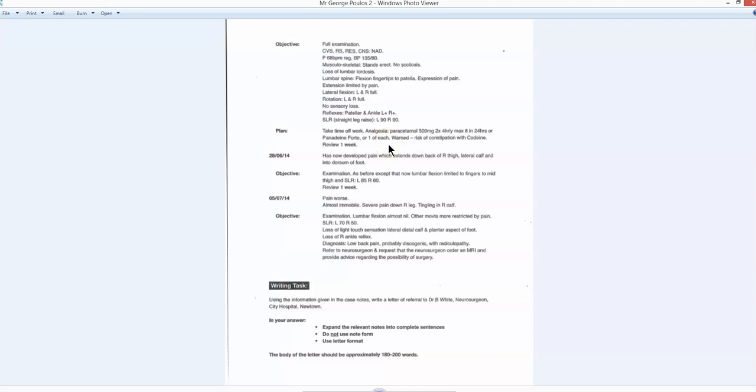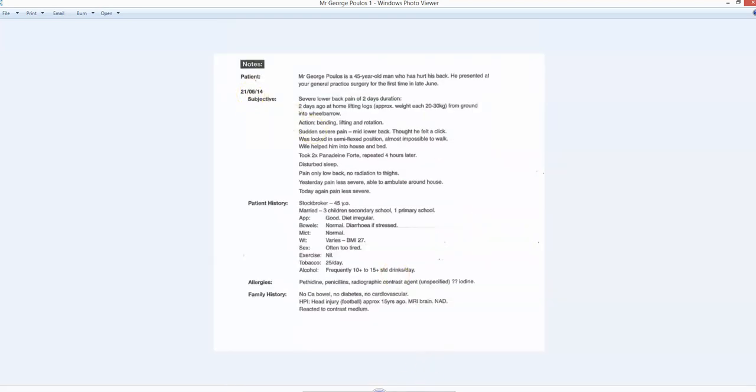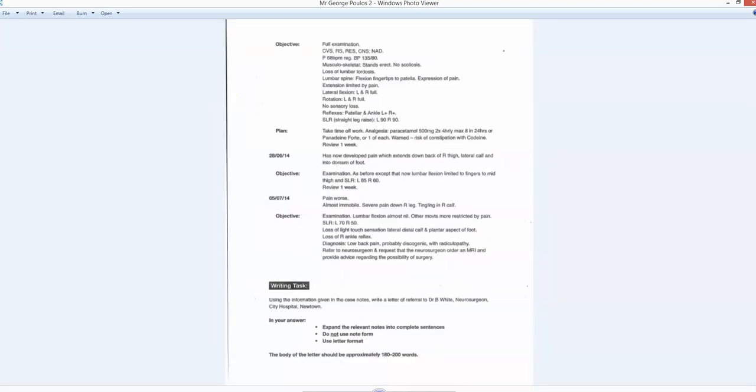Initially, Mr. Pollis presented on, what was that date again? On the 21st, complaining of severe back pain lasting for 2 days, blah, blah, blah. Upon examination, I found this, for which I prescribed analgesia and time off work. And that's it. Good. Okay?